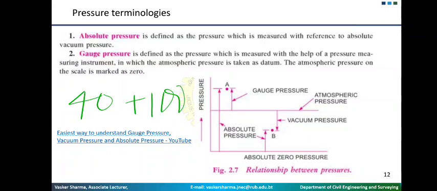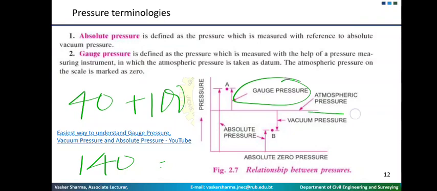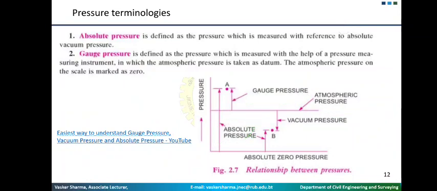Then you calculate, and 140 is your absolute pressure. You can see here, the gauge pressure plus this value from here to here, the atmospheric pressure, is your absolute pressure.